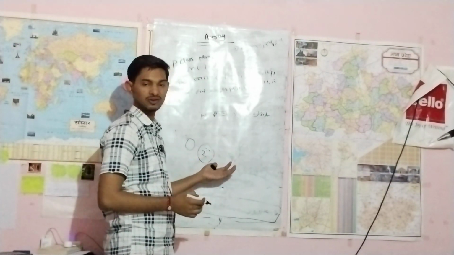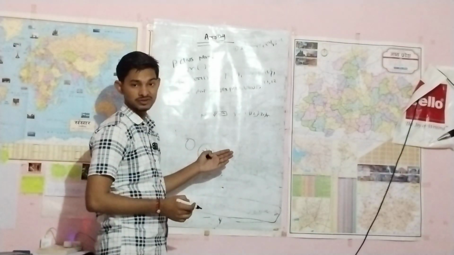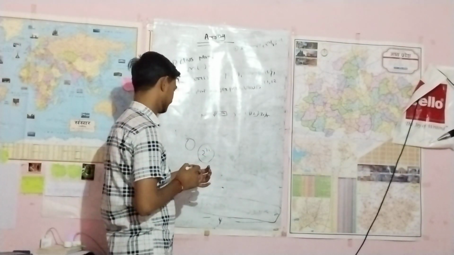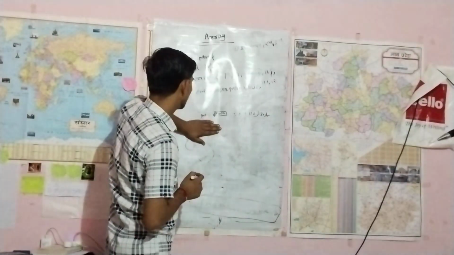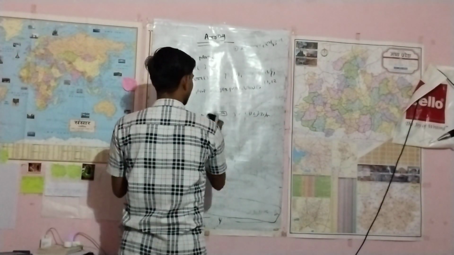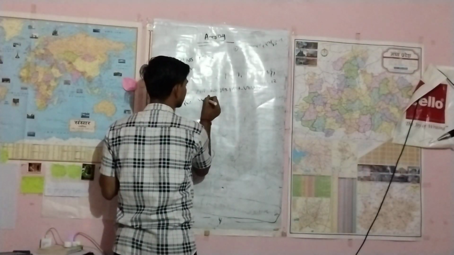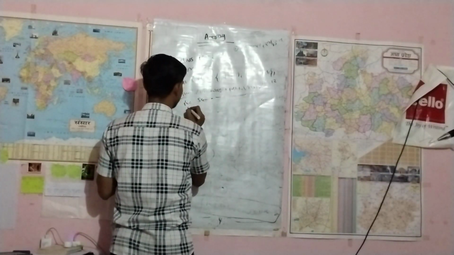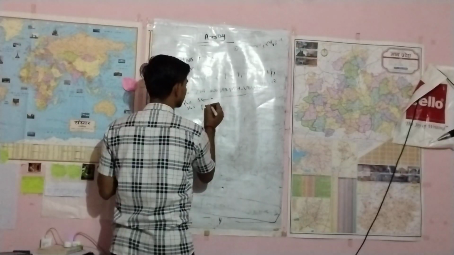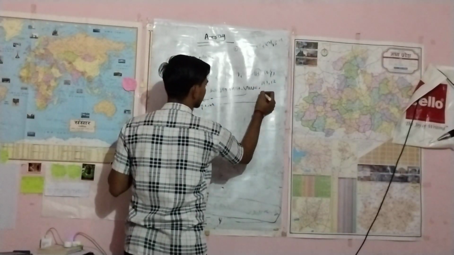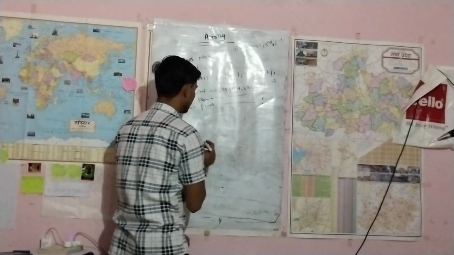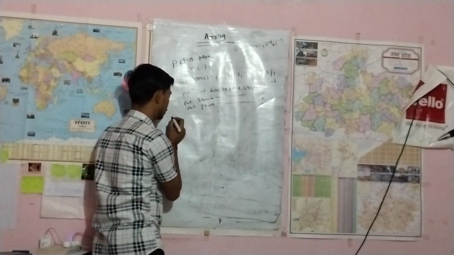So it would be applicable for both positive and negative values. Okay. So in a similar way, I will take second and third. Okay, and I will apply this loop.